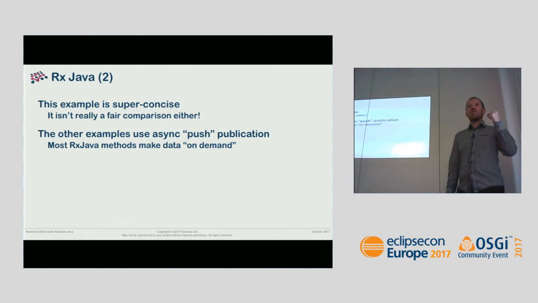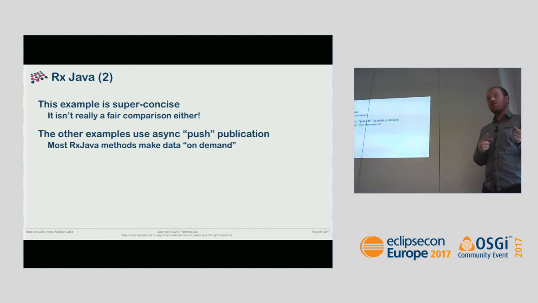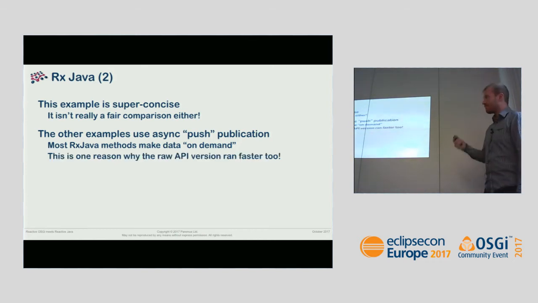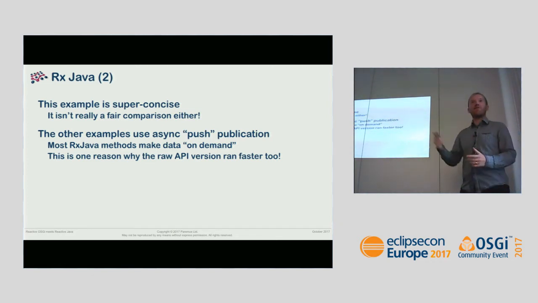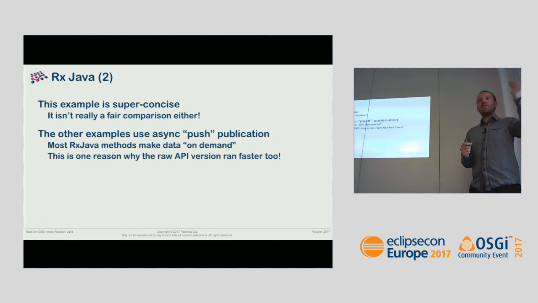It's not consuming data that's been pushed in. It's saying, I'm ready for the next thing now, and the next thing is produced as a result. It's still asynchronous, but it's not asynchronous push. And this is why both the raw API version and this are running faster, because there is no 50 millisecond delay. There is no, this is the rate at which events are coming. It's just, give me the next event, give me the next event, give me the next event.